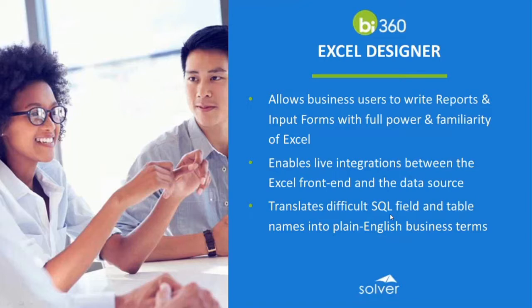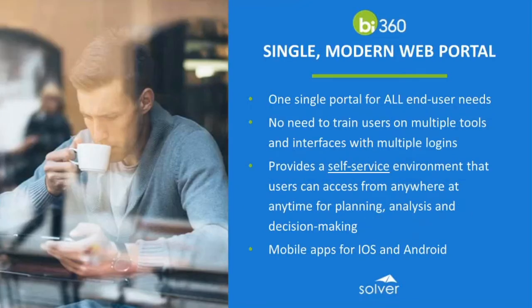So a vendor ID, for example, can actually be called vendor ID and not some cryptic SQL table name. So that's very important. We have this metadata layer that has friendly names on tables and fields, and you'll see that in a little bit. And you can also include custom tables or third-party tables in our integration.